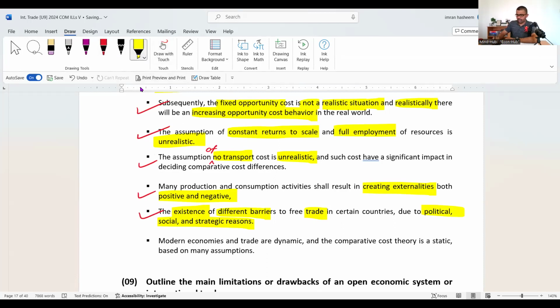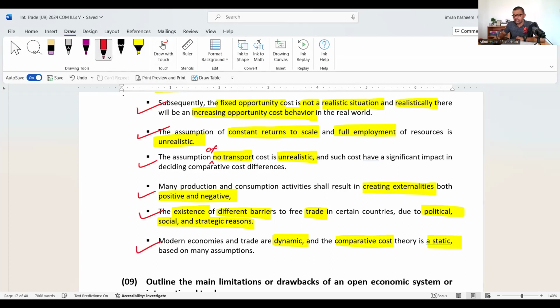Finally, modern economies and trade are dynamic, but the comparative cost theory is static, because we make so many assumptions holding things constant. It's a static model, but the economy is dynamic. So there's a conflict there. That's a limitation.